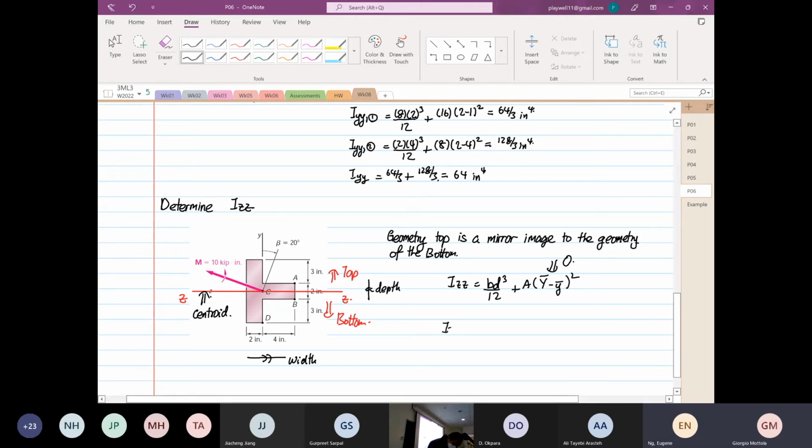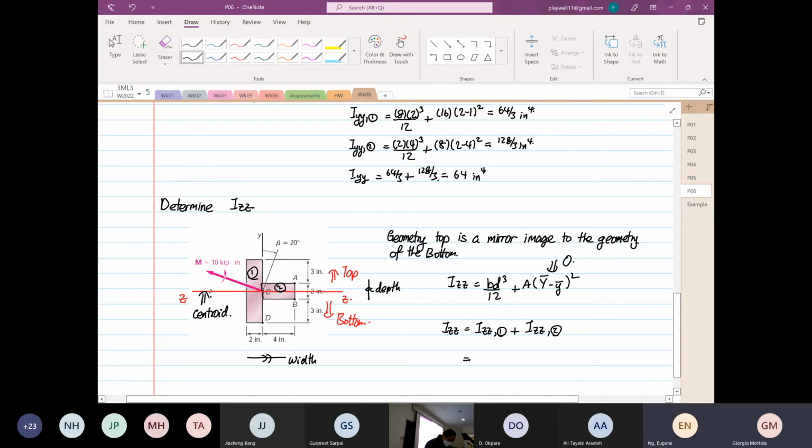So for this case, IZZ is equal to IZZ1 plus IZZ2. You can do it immediately already. So I divide this way, this is 1, and this is 2.